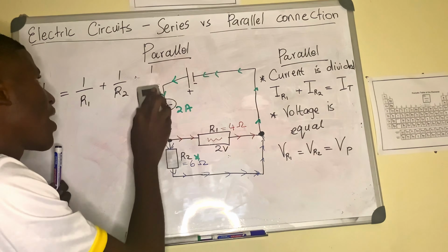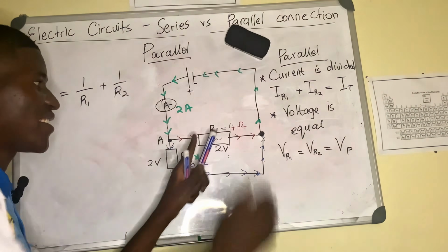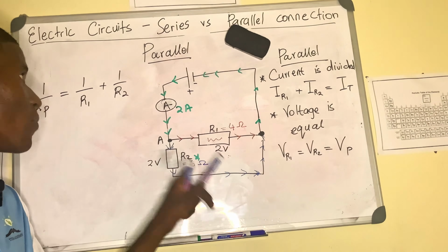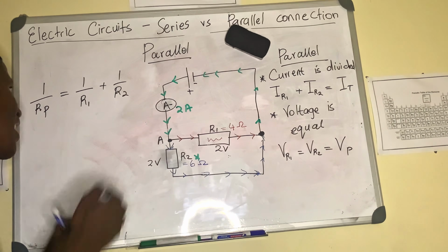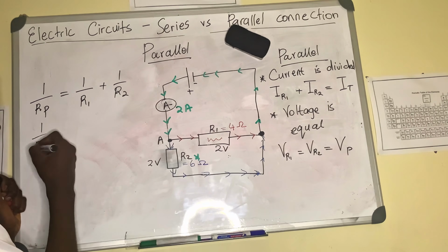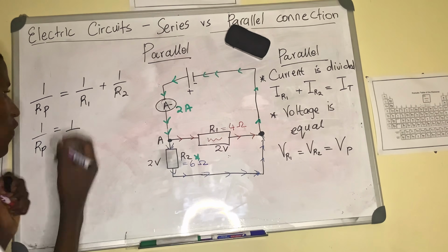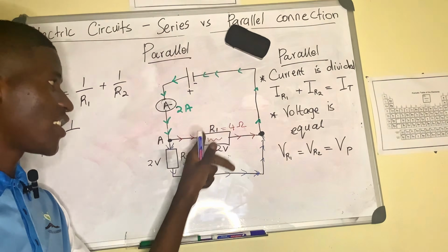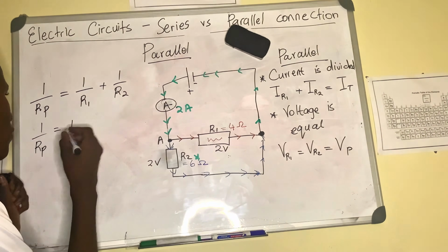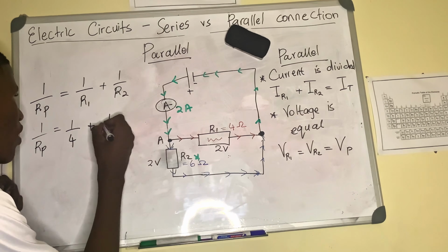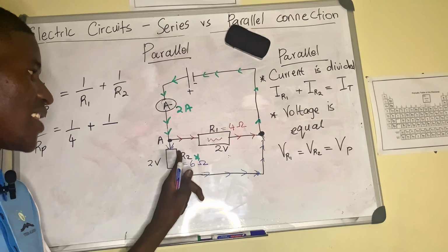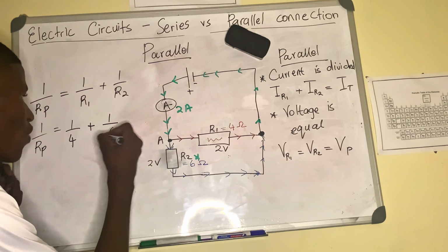But in this case, we are only given 2 resistors, R1 is 4 ohms and R2 is 6 ohms. So 1 over R parallel is equal to 1 over 4 plus 1 over 6.